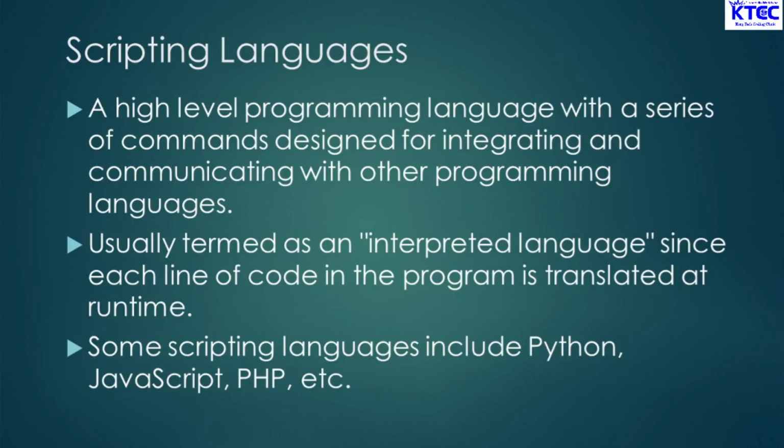Now, how do we integrate these scripting languages into other programming languages? For example, if you're using Python to design software, and you come to the designing process, we have a Python module called Tkinter that is used to design graphical user interfaces. But there are some who might not want to use Tkinter for the graphical user interface, but still want to style their program.